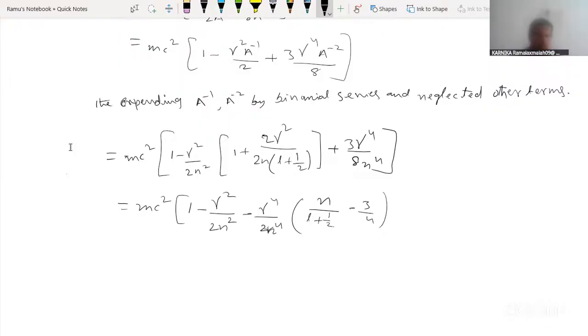This is a total bracket. You have to equation 30.